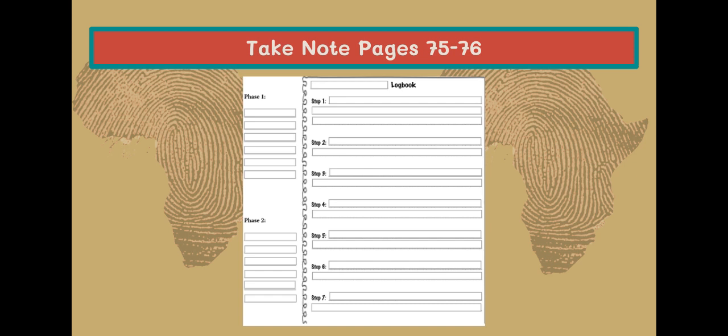Since our logbook has to do with the steps of the dig, we will start our note-taking with step 1. What is the most important event or fact in step 1? They found the dig site in Niger, Africa.